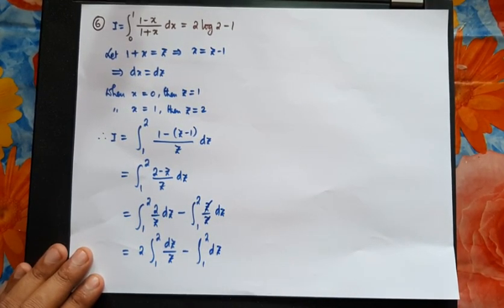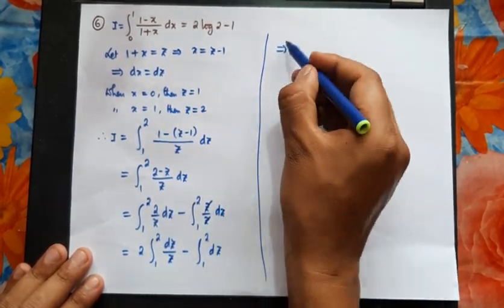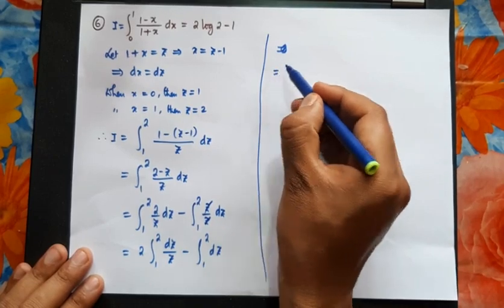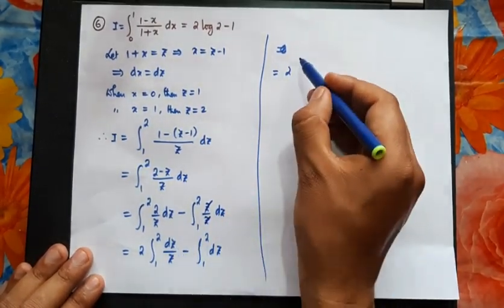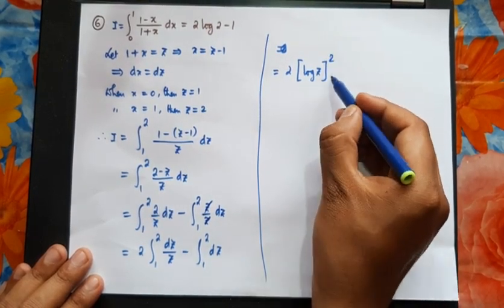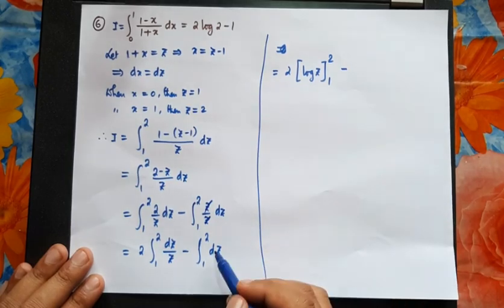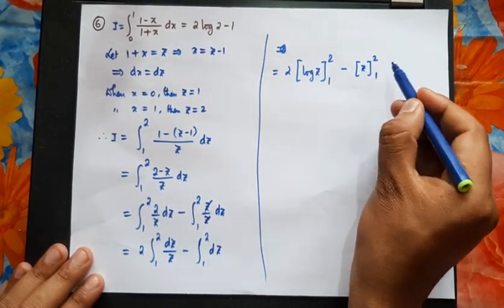Now the integral of dz by z is log z, upper limit 2 and lower limit 1, minus the integral of dz, which will be z, upper limit 2, lower limit 1.